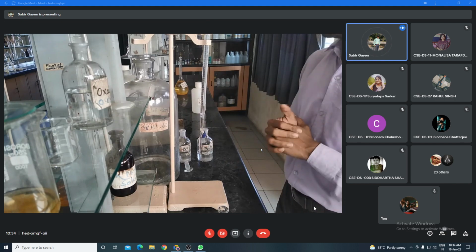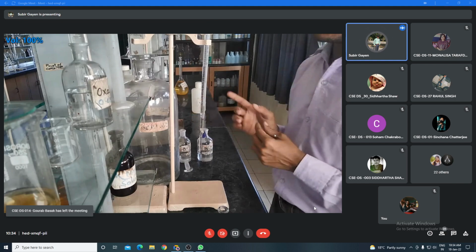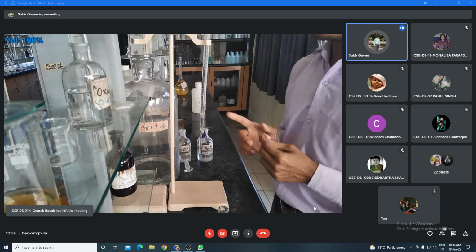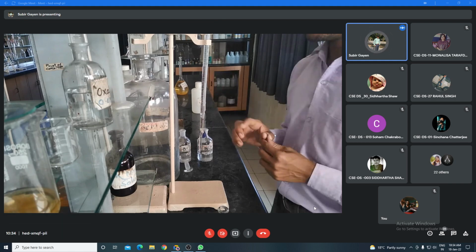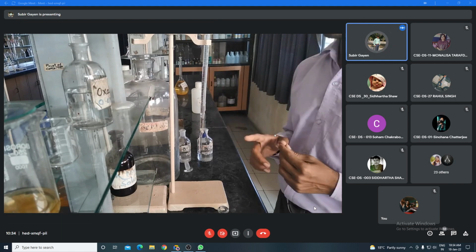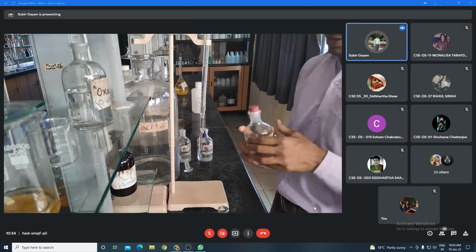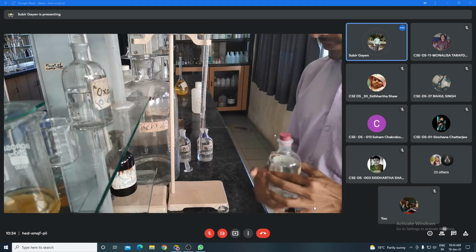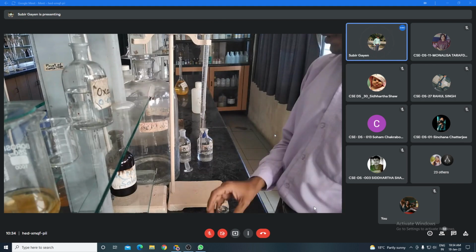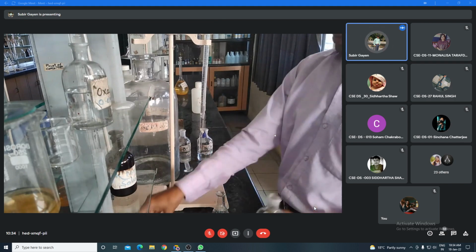So when you are using any secondary standard solution during a titration or any experiment, you have to standardize the secondary standard solution by the primary standard solution. Here, I will standardize the NaOH solution by oxalic acid.